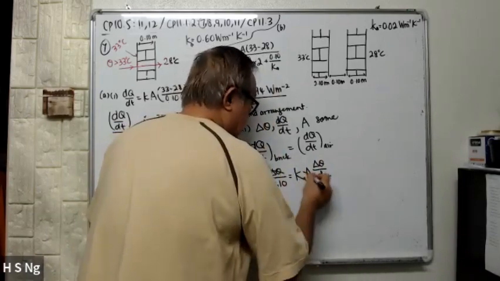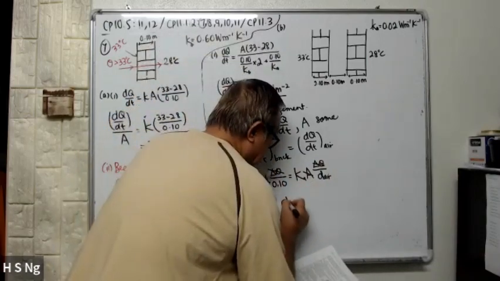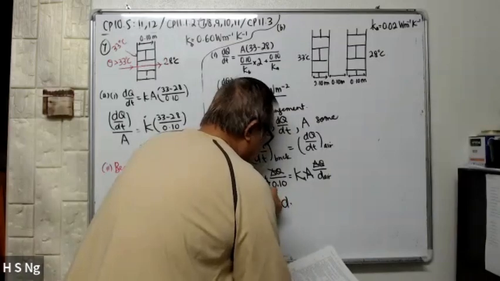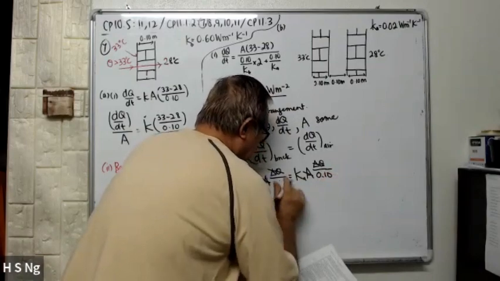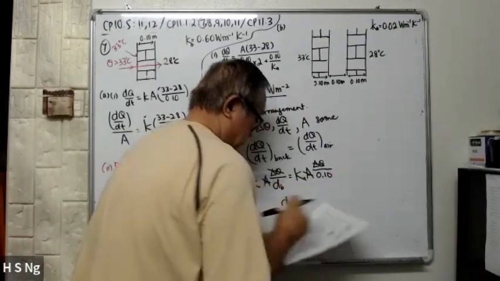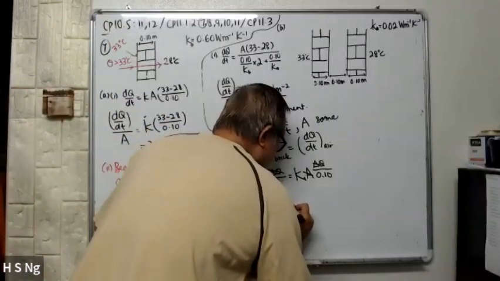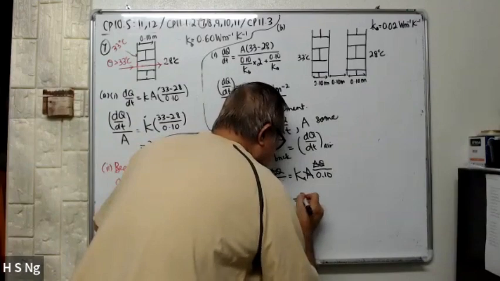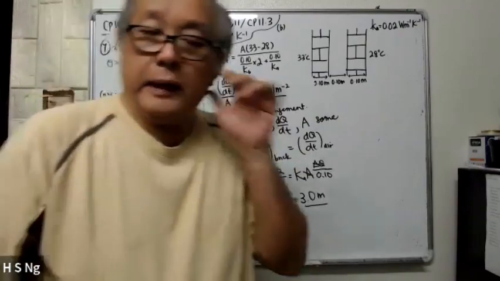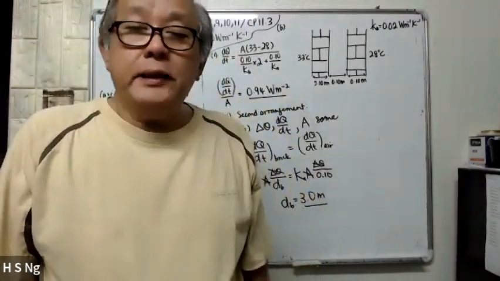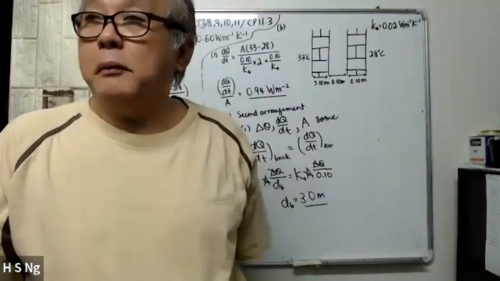Now this one cancels out. They want brick, they give you air. So a layer of brick. Now you'll find that the layer of brick is 3 meter thick. That means to say 10 centimeter of air is as good an insulator as 3 meter of brick. Okay.